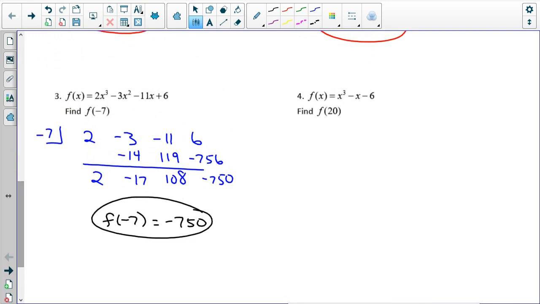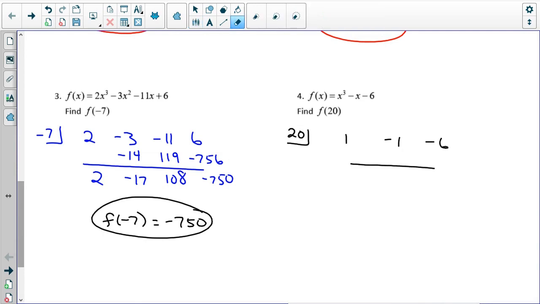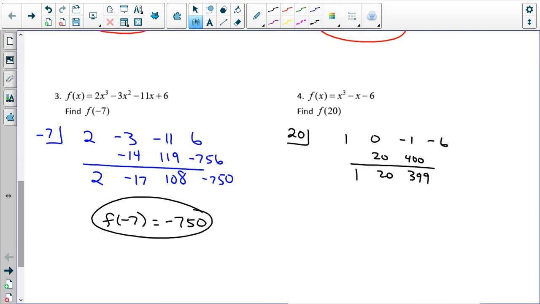Finally, problem 4, we're just going to substitute in 20. I get 1, negative 6. Oh, my fault. I'm missing a 0. 1, 0, negative 1, negative 6. I do a little substitution. So 399 times 20, that's going to be 400 times 20, which would be 8,000, then minus 20.